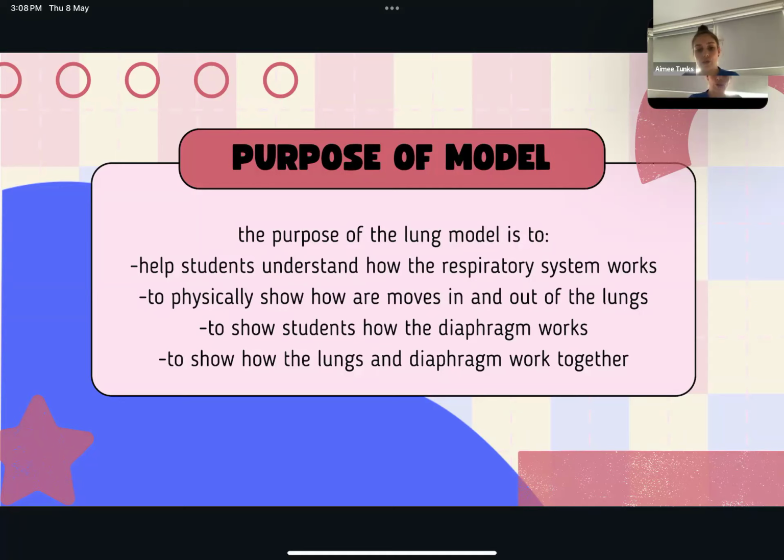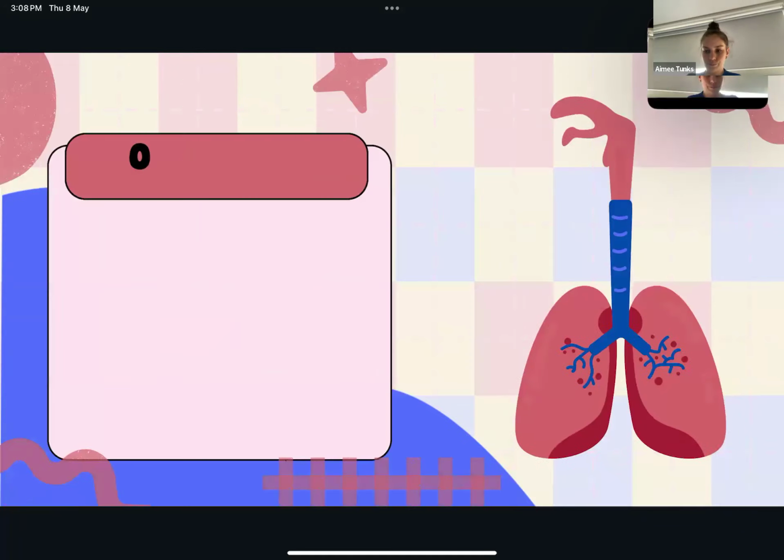Another purpose was to show students how the diaphragm works, as it is quite a hard concept, that there is a moving part in your body that helps make extra room for your lungs. And then it also shows how the lungs and the diaphragm work together, as if there was only one, not the other, we wouldn't be able to breathe.